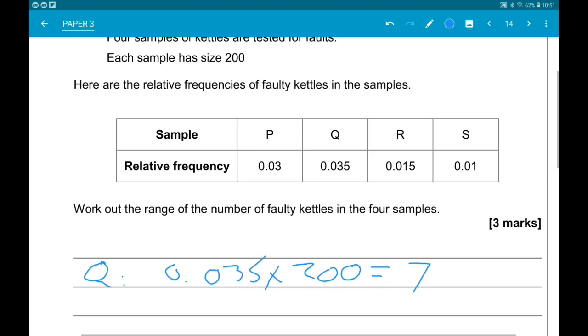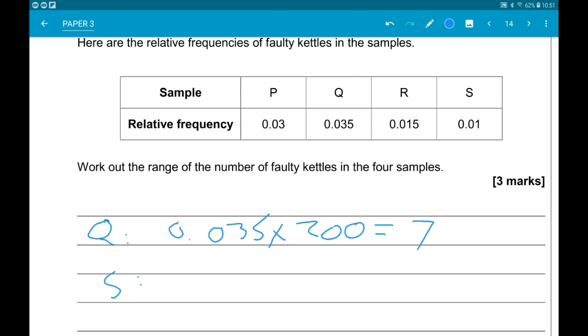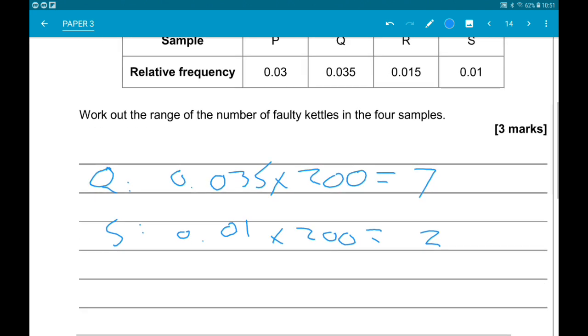We do the same for S. So 0.01 times 200. That's going to give us 2. So the range is 7 take 2. Which on a good day is 5.